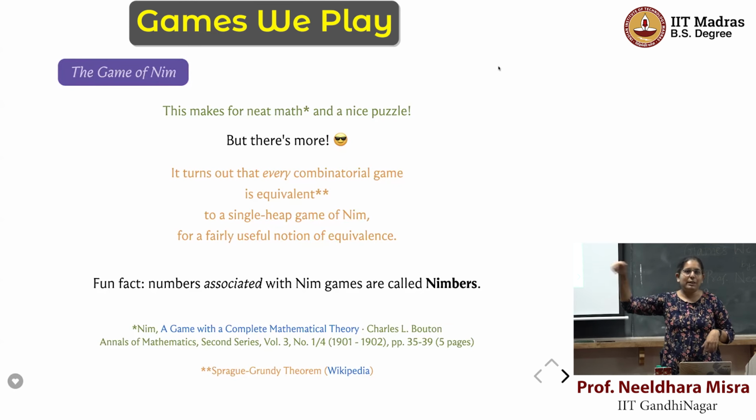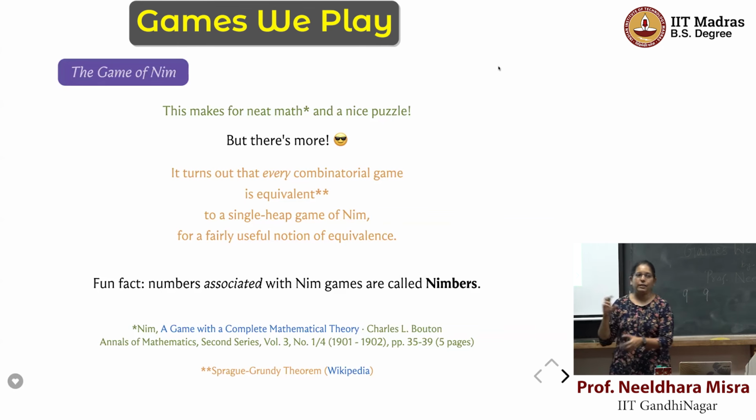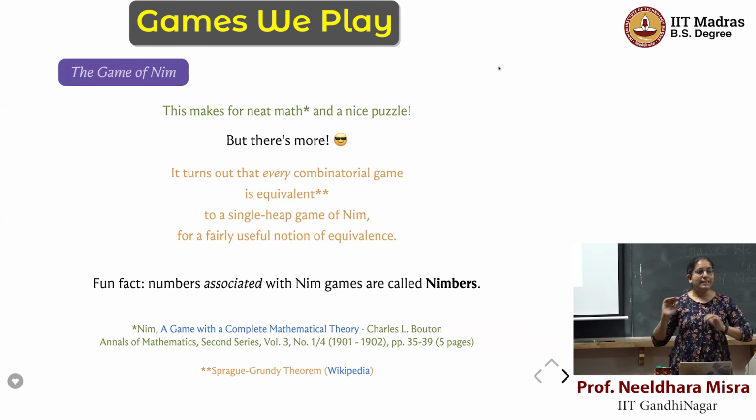So if you know what's going on in the NIM game, you know what's going on in your game, which in some sense makes combinatorial games boring, because you're saying, of course, you've understood NIM, and so you've understood every combinatorial game ever. But of course, people still analyze games individually, because not every aspect of the game is captured by this equivalence. But for the basic question of who wins, that's answered because of this equivalence. So this is a very powerful theorem.